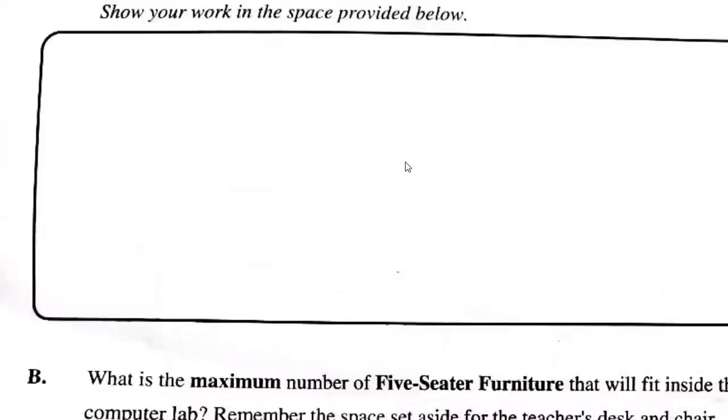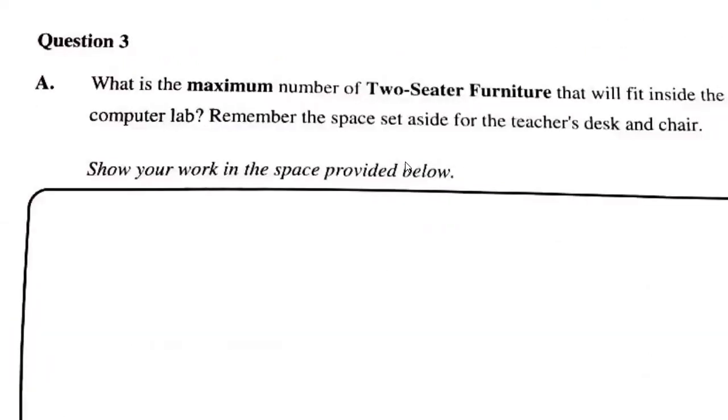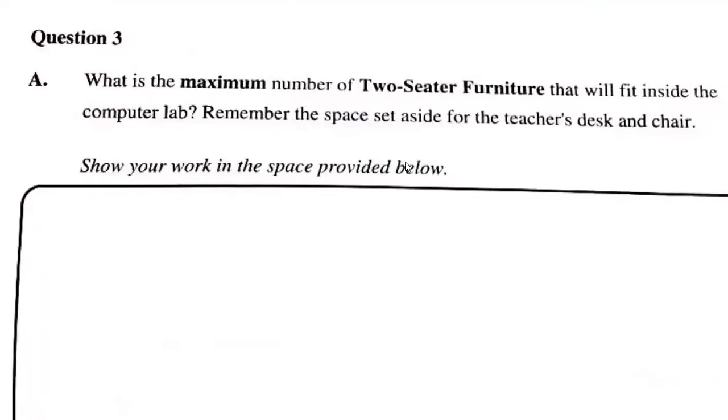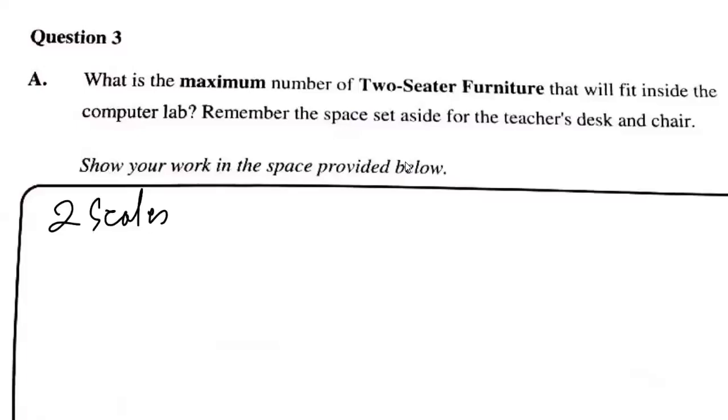It says now, what is the maximum number of 2-seater furniture that will fit inside the computer lab? Remember the space set aside for the teacher's desk and chair. Alright, show your work in this space. So let's look at the 2-seater and reason it out. The 2-seater occupies a space of 3 meters square, as given.